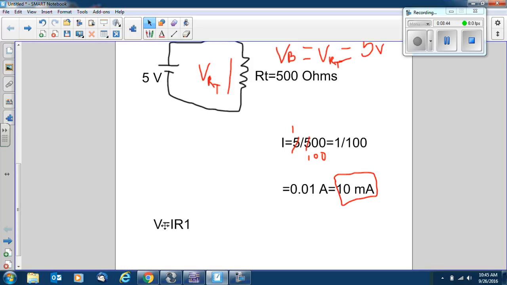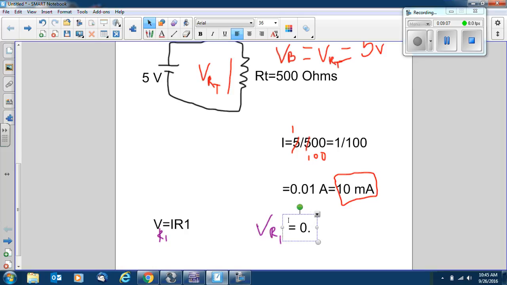Let me put down that this is V of R1. So I've got my V of R1, and that is equal to 0.01.